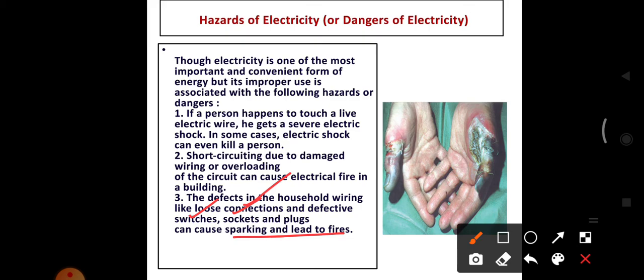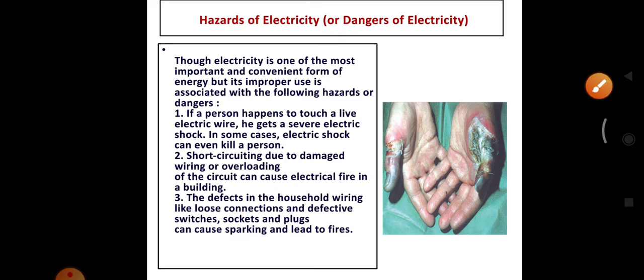If there is a loose connection, immediately you have to call the EB man to correct the defects. Otherwise you will face the dangers. So these are the hazards of electricity or dangers of electricity.